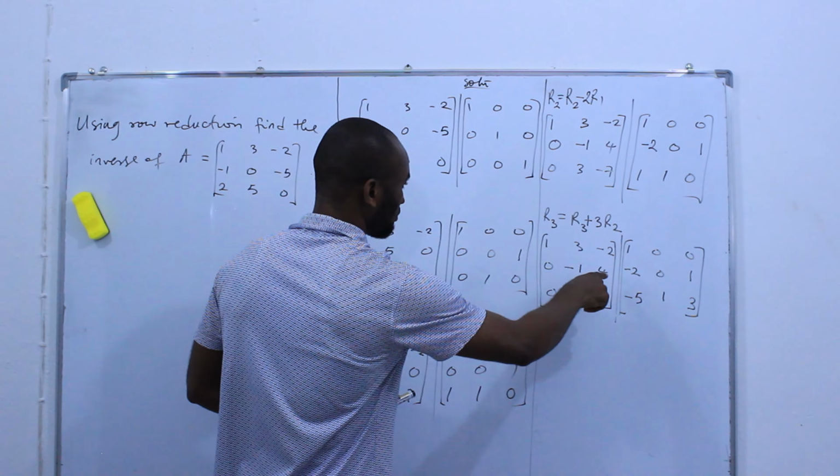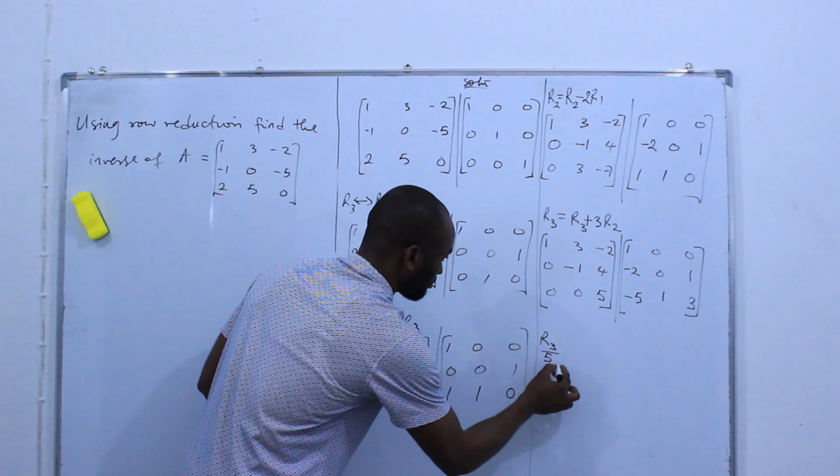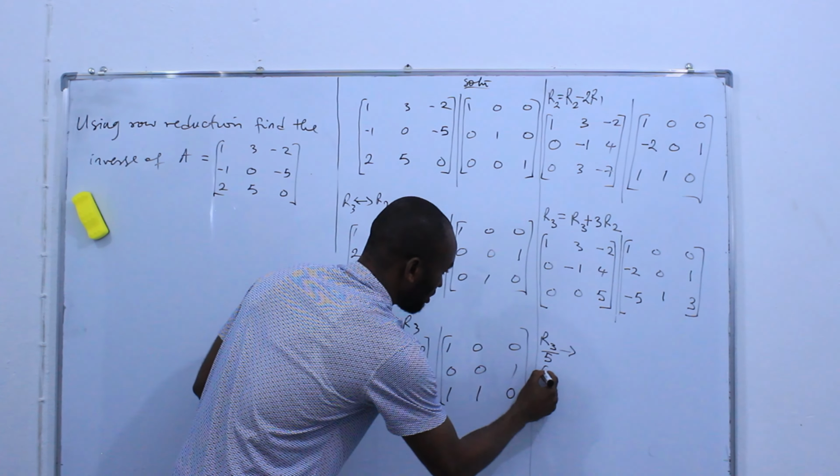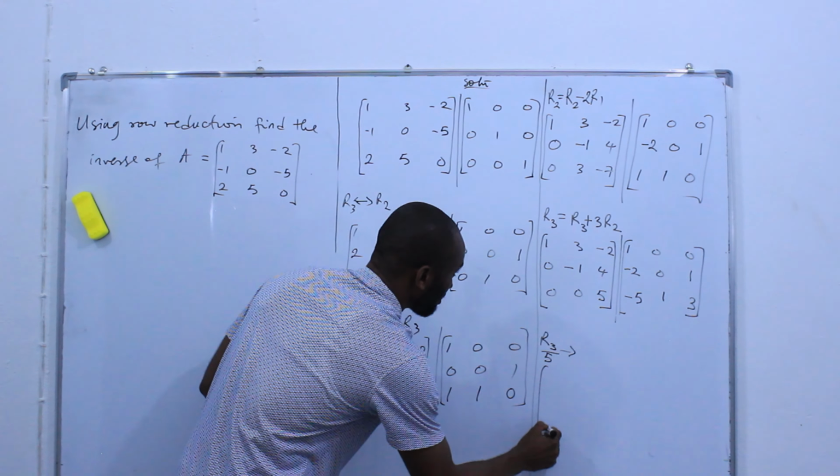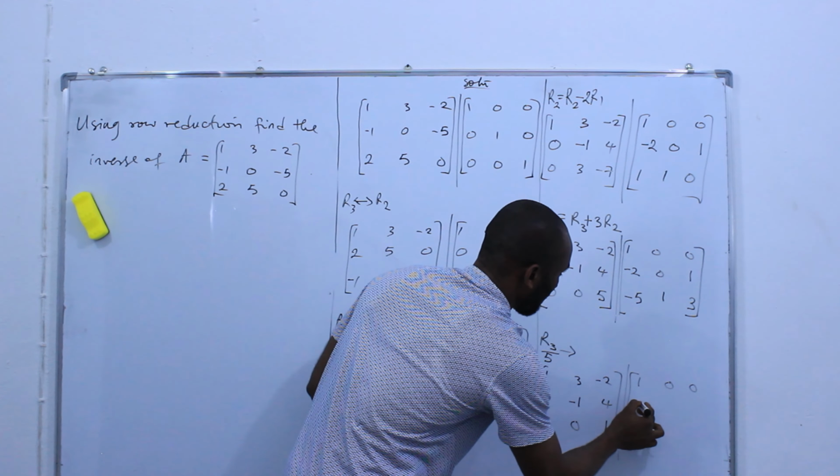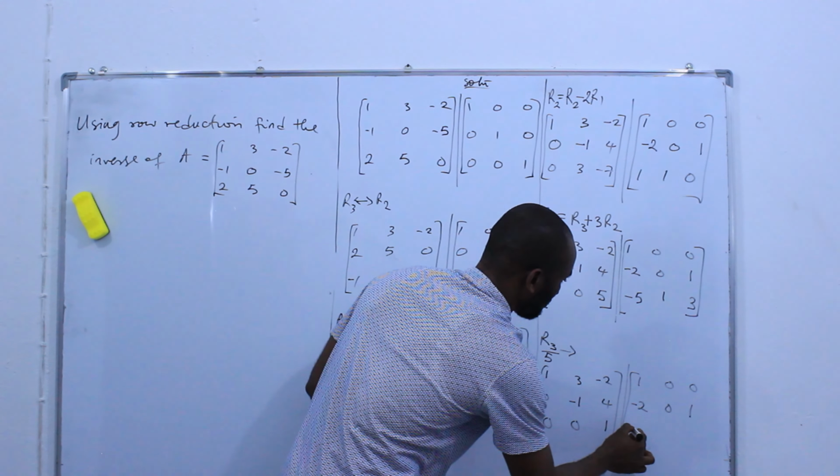Row 3 divided by 5 will give me this matrix: 1, 3, minus 2, 0, minus 1, 4, 0, 0, 1, 1, 0, 0, minus 2, 0, 1.